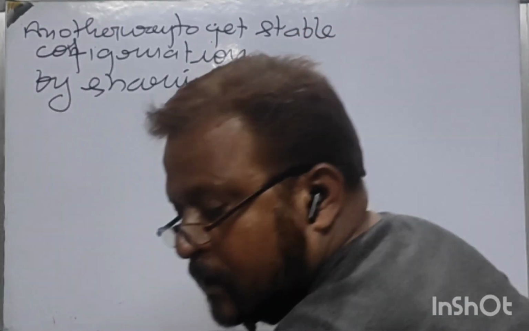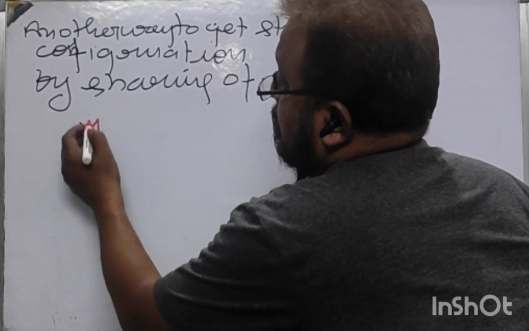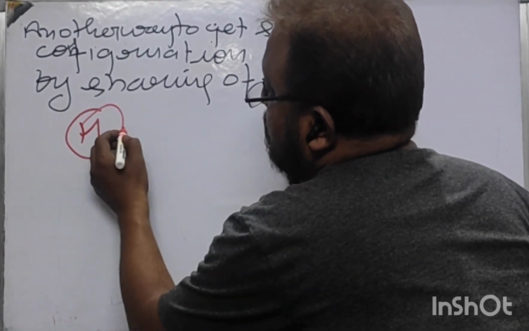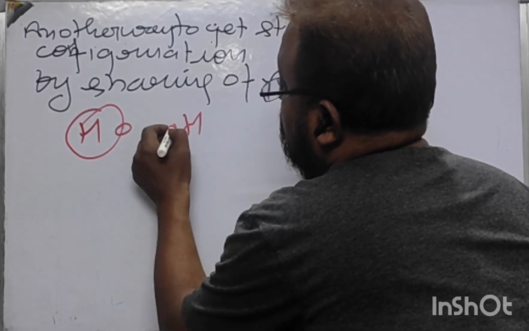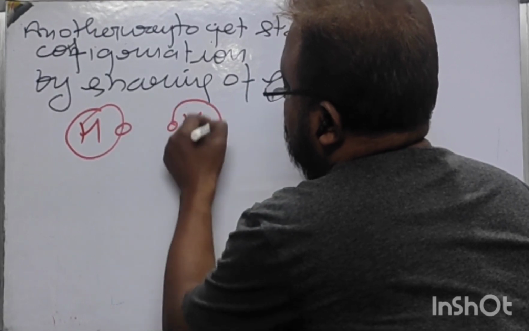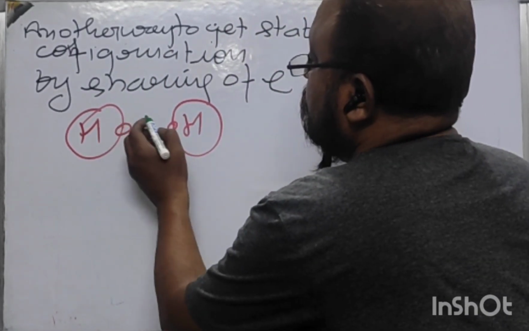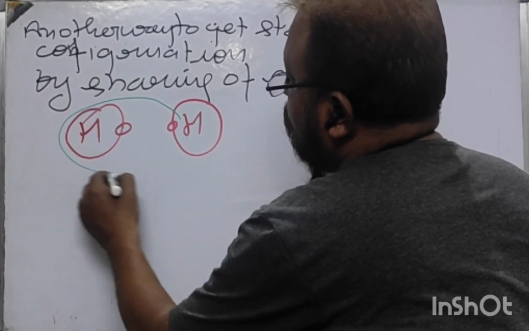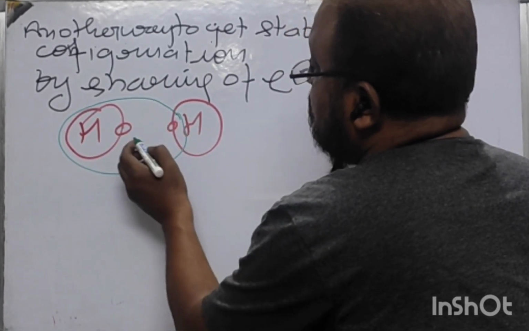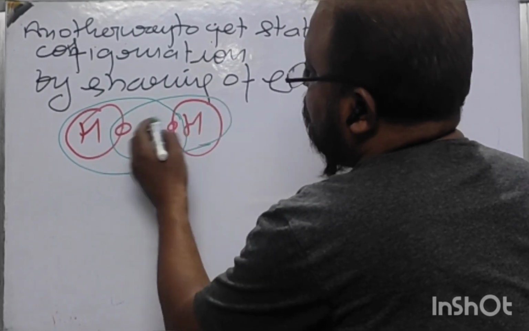If we take into consideration the hydrogen atom, it is having one electron in its outermost shell, right? So what they do, this hydrogen atom takes one electron from this and completes its duplet, and this hydrogen atom takes an electron from this and completes its duplet.